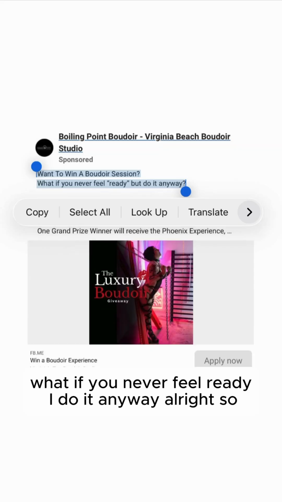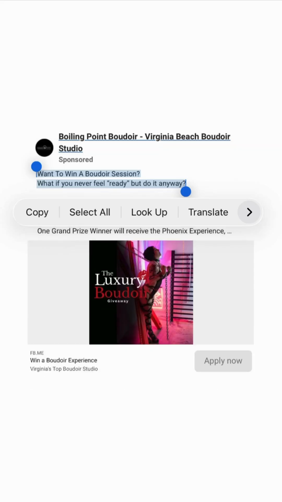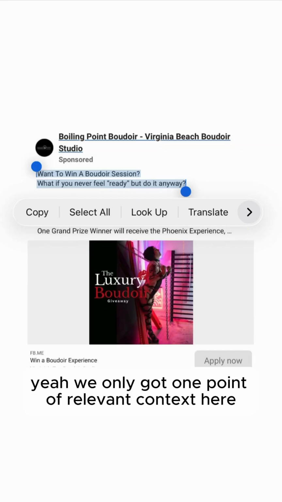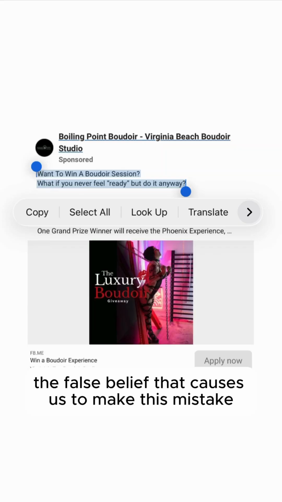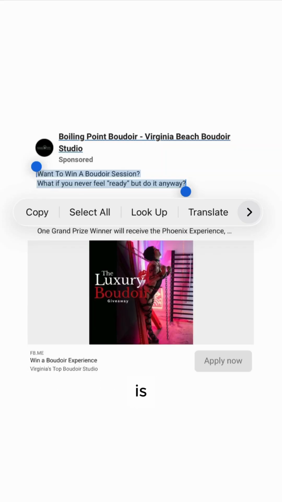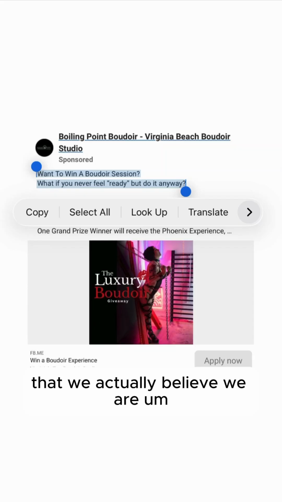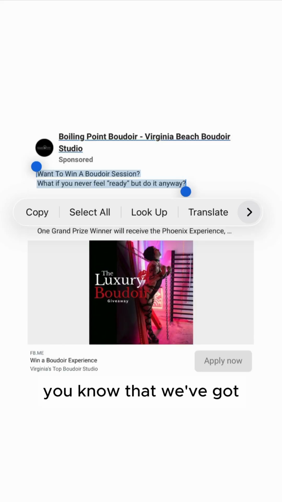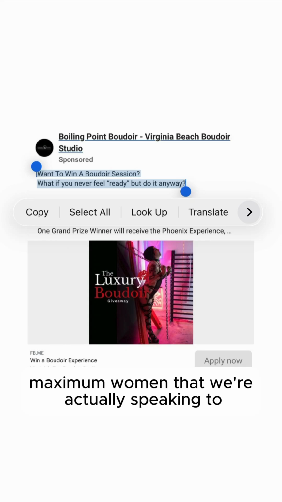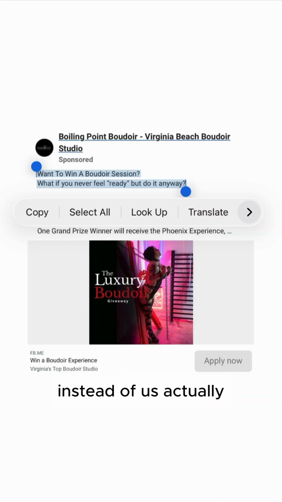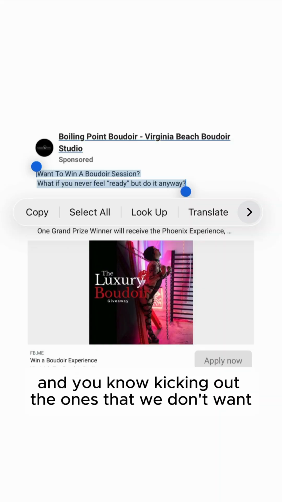All right, so yeah, we only got one point of relevant context here. It's just the lack of context mistake. The false belief that causes us to make this mistake is that we actually believe we've got enough context to call in the optimal number, the right number of maximum women that we're actually speaking to, and kicking out the ones that we don't want clicking on our stuff.